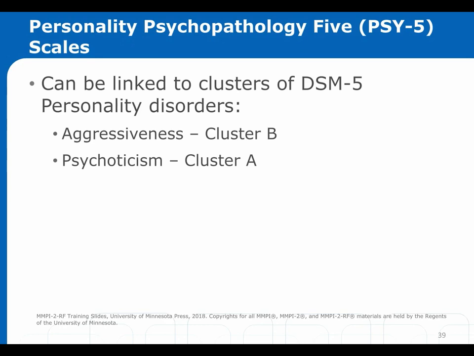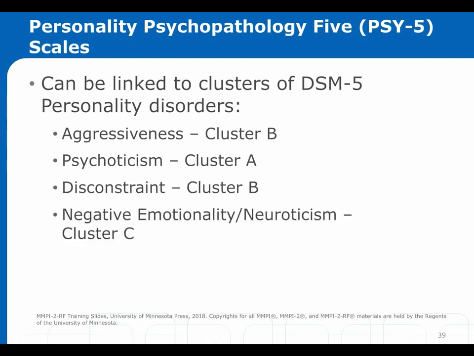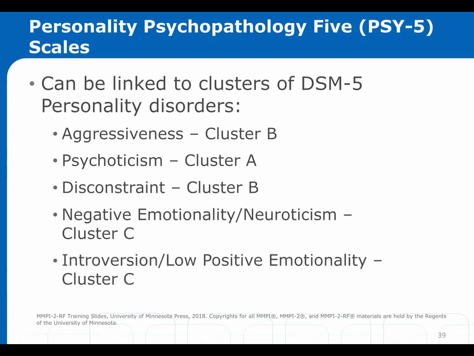These include antisocial and borderline personality disorder. Psychoticism is a measure that can be linked to cluster A, the odd, bizarre, and eccentric personality disorders, such as paranoid, schizoid, and schizotypal personality disorder. Then finally, negative emotionality and introversion can be tied to the cluster C personality disorders, the anxious and fearful ones, including, for example, avoidant and obsessive compulsive personality disorders.